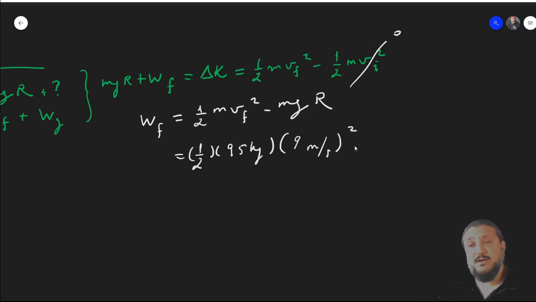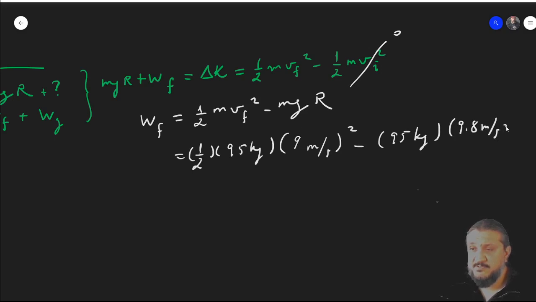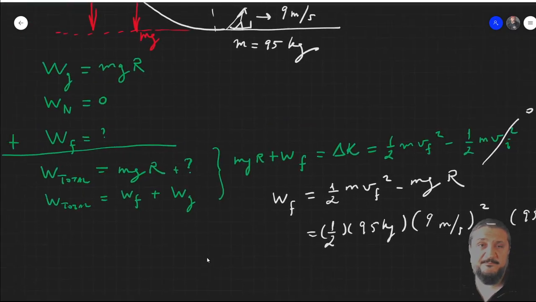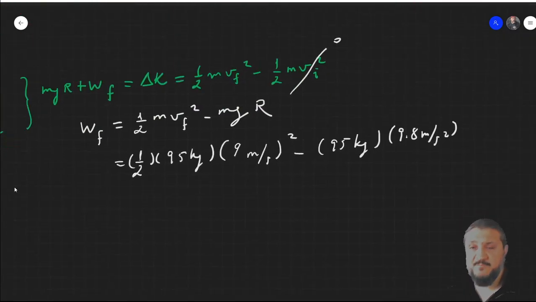9 squared minus mgR, so 95 kilograms. g is of course 9.8 meters per second squared, and R is 5 meters.